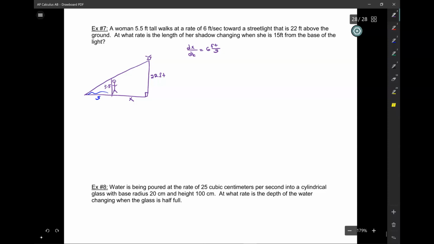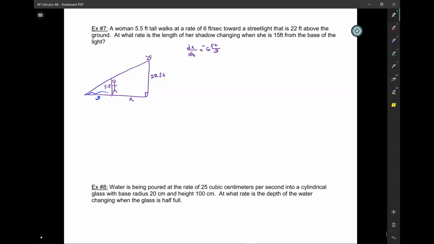So look at this X value, right? X is the distance between her and the light post. Is X increasing or decreasing? It's decreasing, so this is negative 6 feet per second. Because I drew the triangle this way, it doesn't tell me that she's moving to the west or to the east.